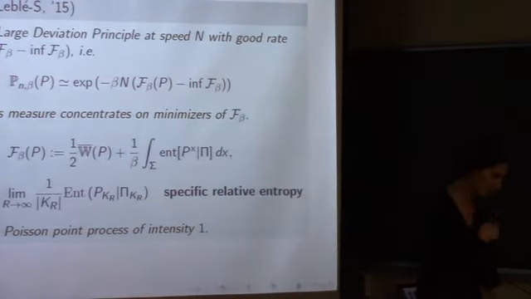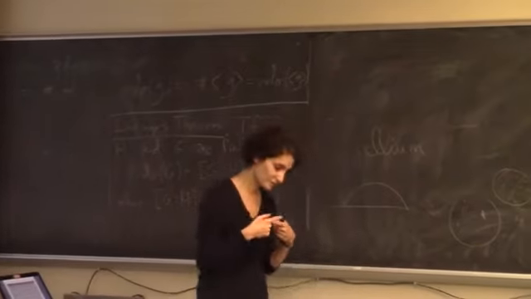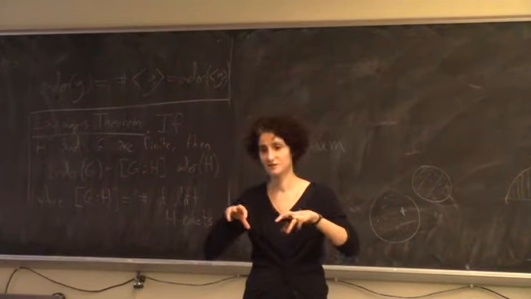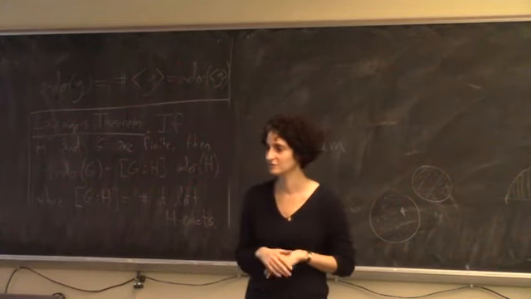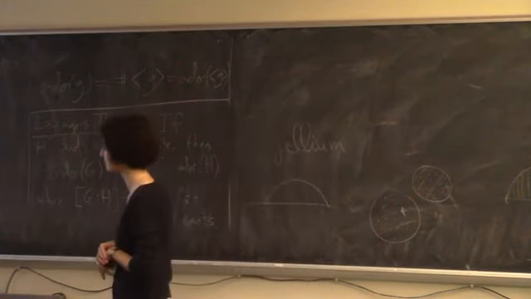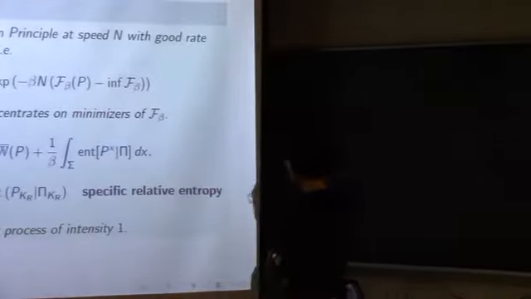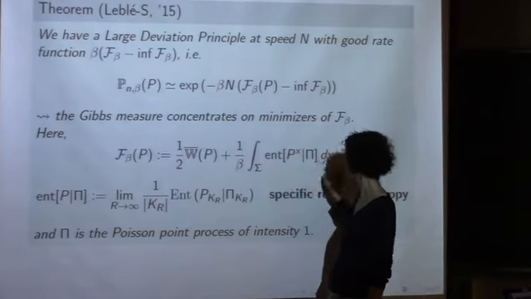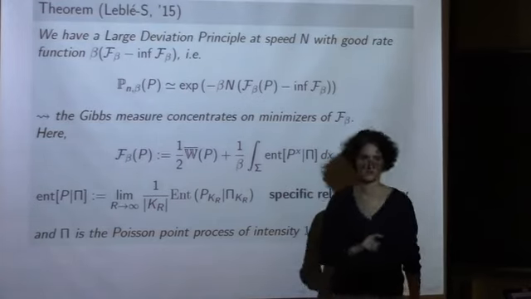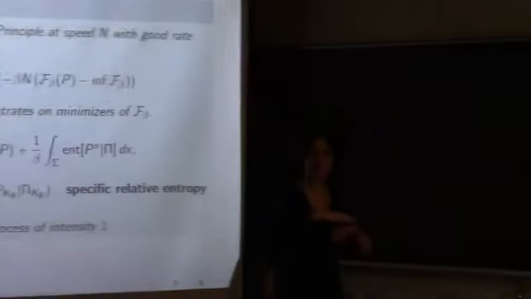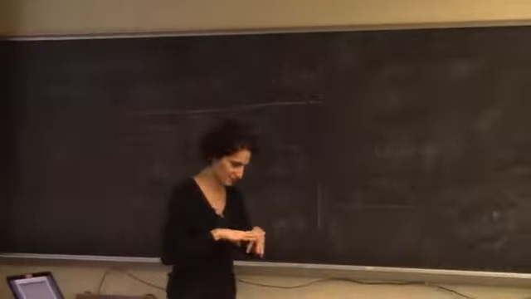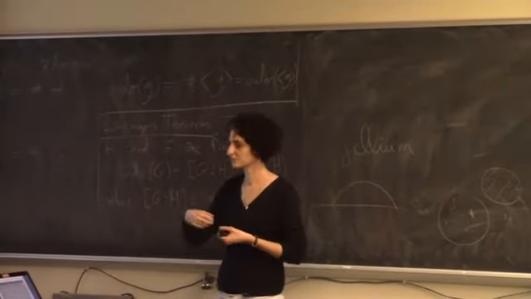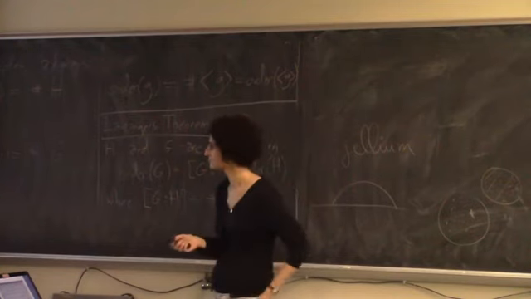And if you believe in what I said before, then you want to think that this is going to look like lattices, at least in dimension 2, maybe in higher dimension. And when beta is very small, which means very large temperature, this term dominates, and you want to look like the Poisson point process. So it means the points completely decorrelate, and the system becomes sort of disordered, where you're just throwing points at random.